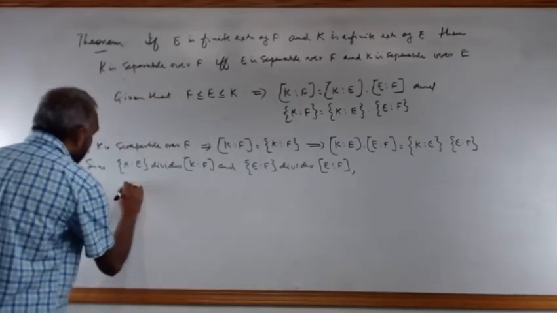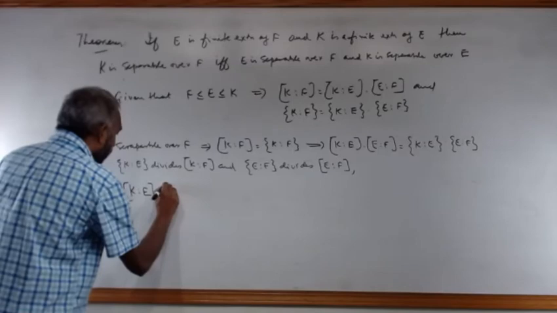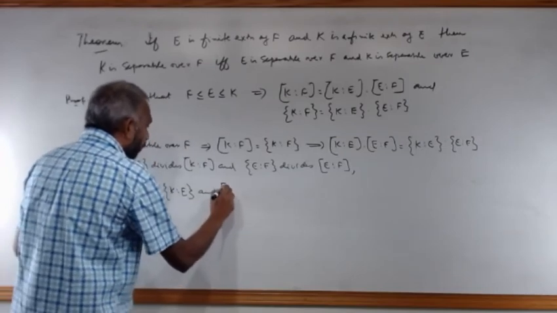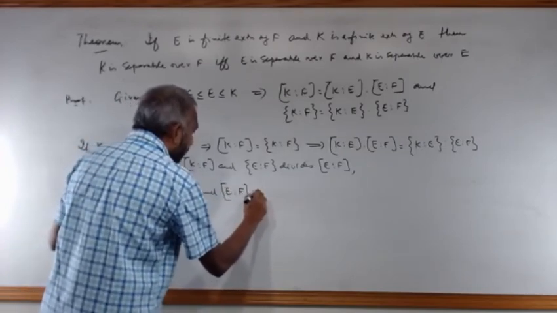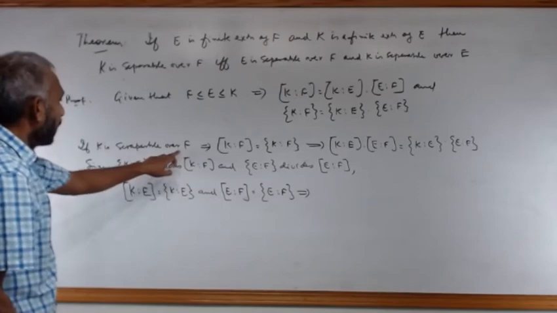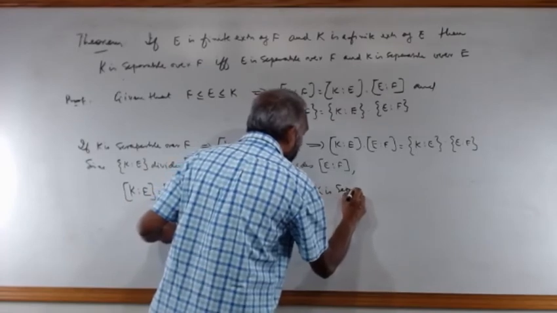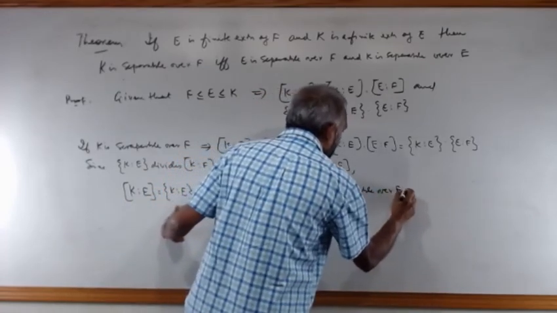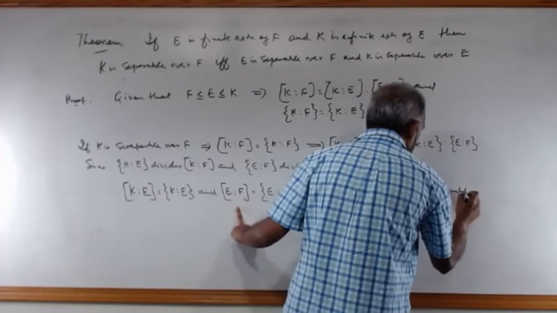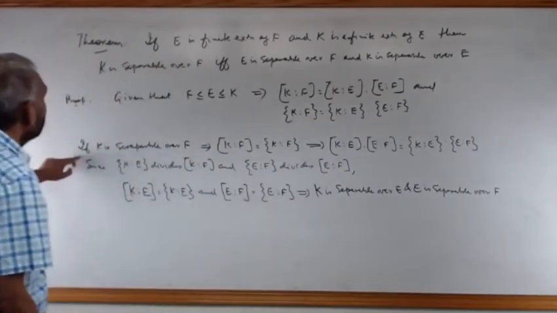That means the degree of K over E is equal to the index of K over E, and the degree of E over F is equal to the index of E over F. And that implies, since we are assuming that K is separable over F, that K is separable over E, and E is separable over F. That is one side of the if and only if.